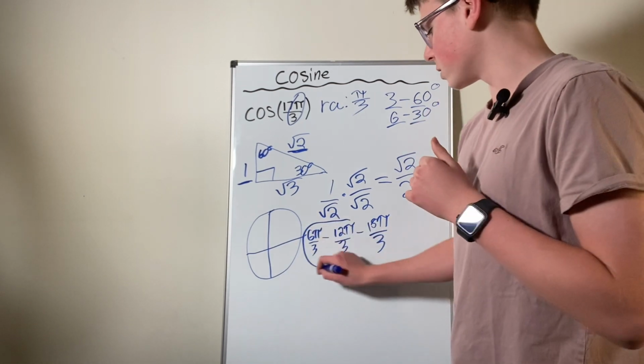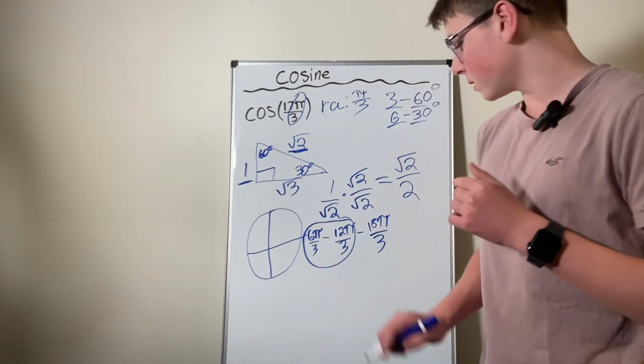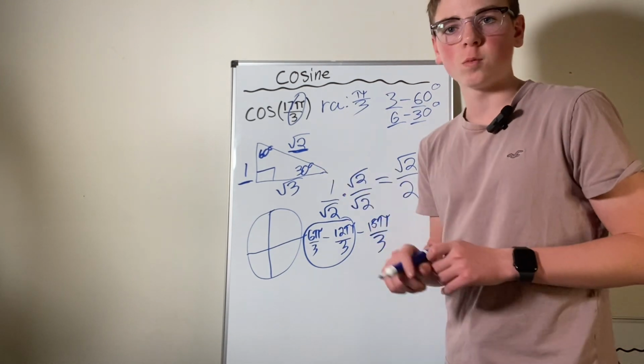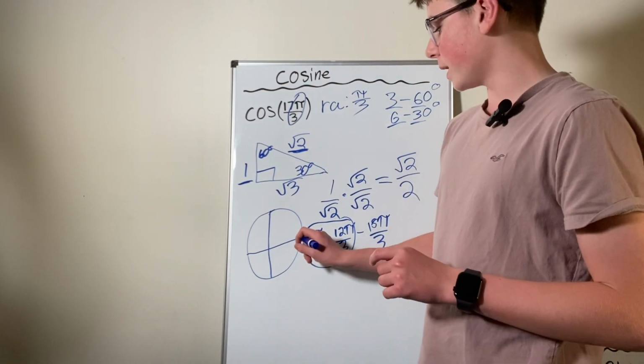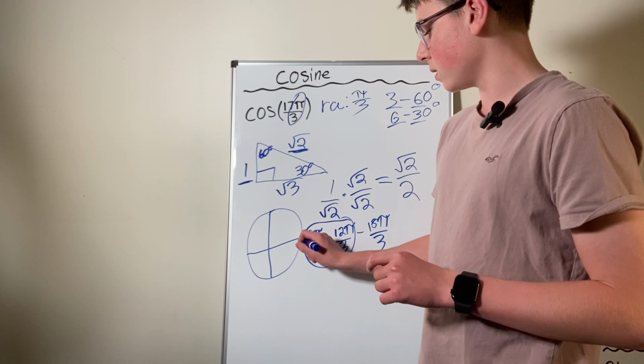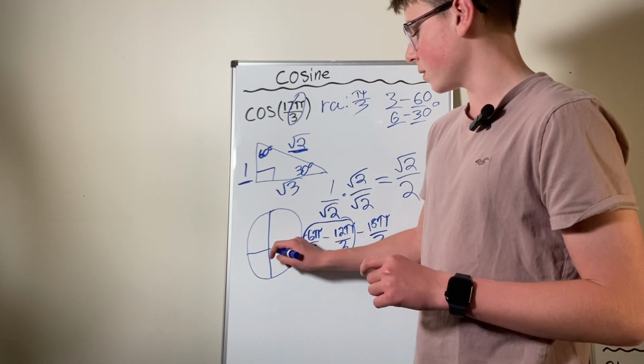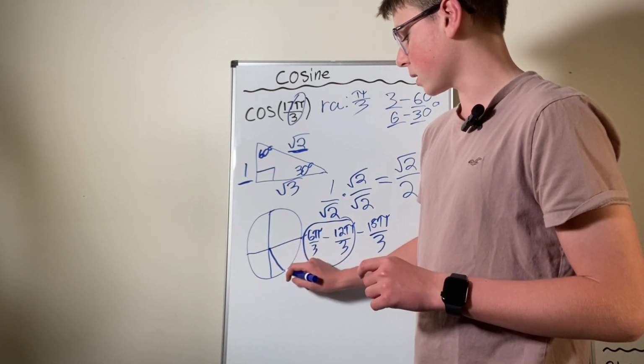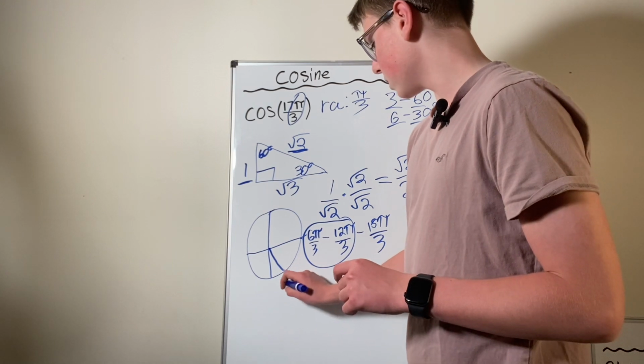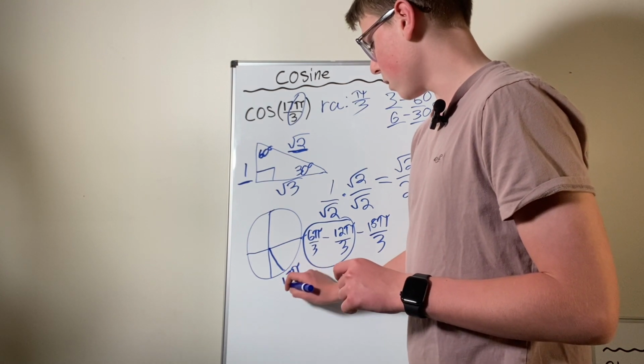So I know it goes around twice, right? But 18 pi over 3, it actually falls 1 pi over 3 short. So if we move back pi over 3, so move back 60 degrees, this is 17 pi over 3.